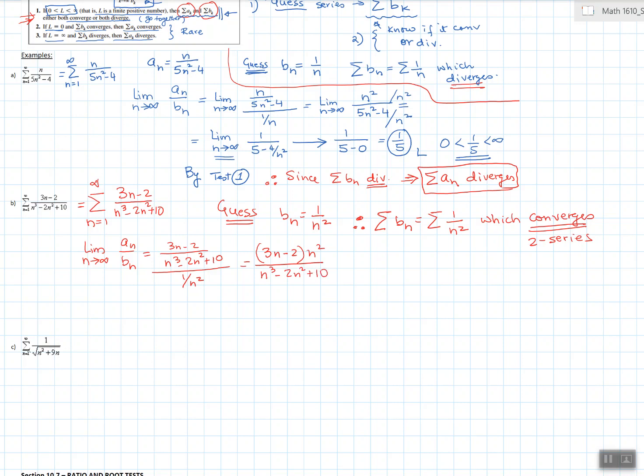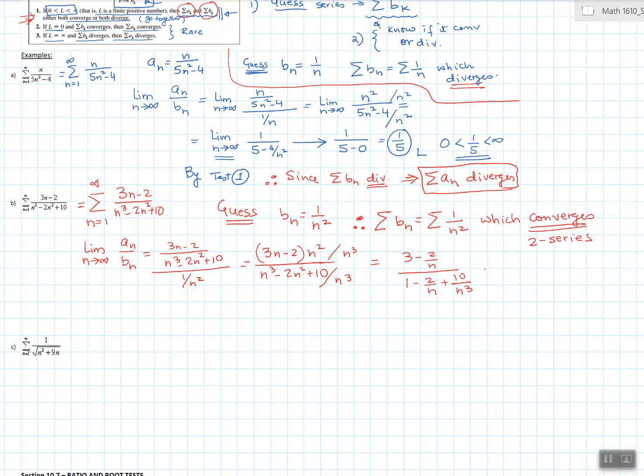Now again, to find the limit, we can divide the numerator and denominator by an appropriate power of n, and in this case n cubed would be a good idea. So if I divide the numerator by n cubed, what are you going to get? 3 minus 2 over n, divided by, each term divides by n cubed, so I get 1 minus 2 over n plus 10 over n cubed.